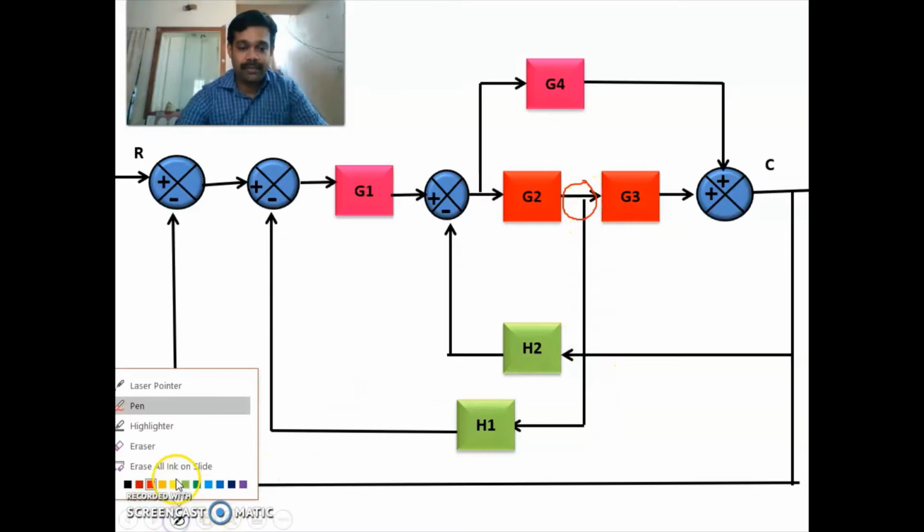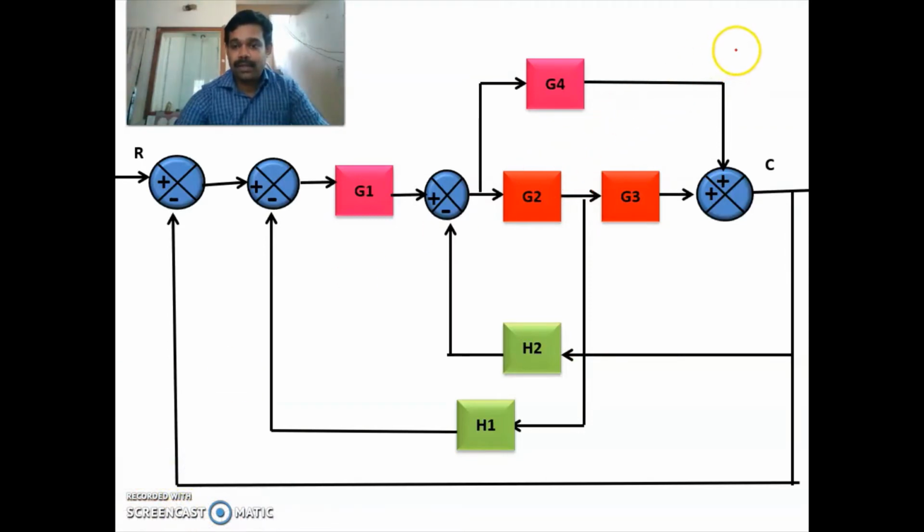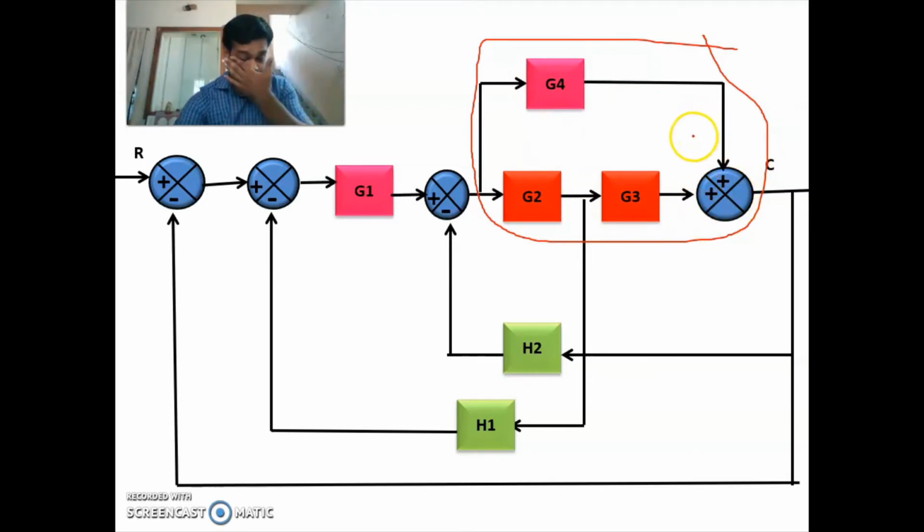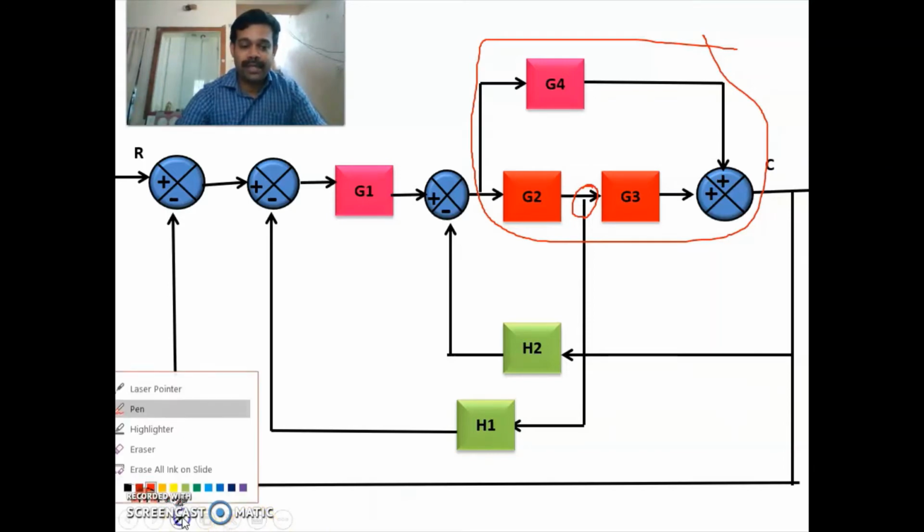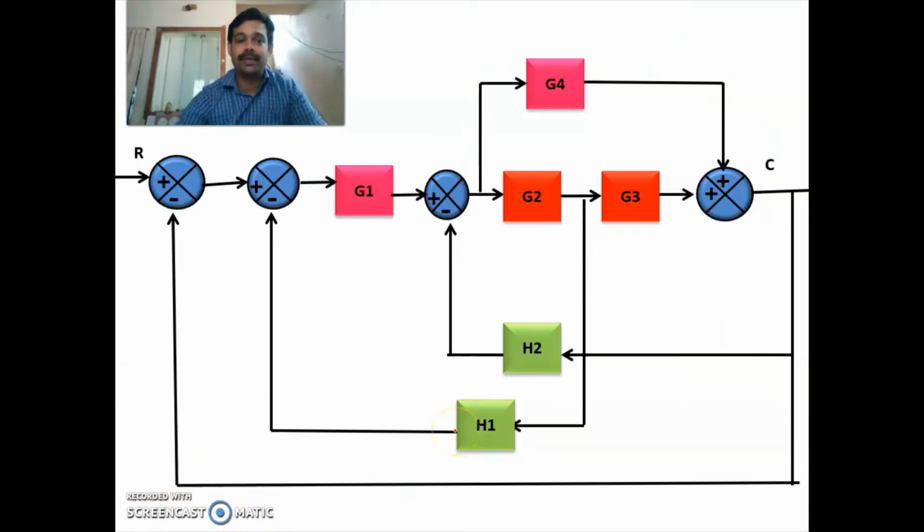Similarly, G4, G2, G3 and the summing point form a parallel block or feed forward path. But here also we can't directly apply this rule, because here you are having a branch point. So without modification, we can't apply any rule in this figure.